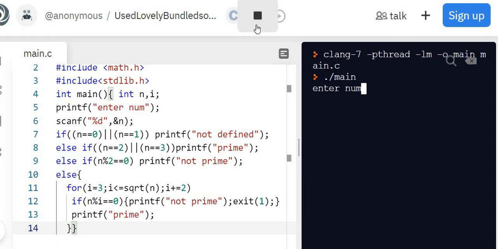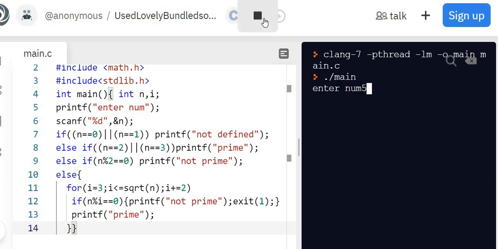So check all the cases. So 1, not defined. Check suppose 3, prime. Check suppose 10, not prime. Correct. Check suppose 31, prime. Very good. 50, not prime. Suppose 67, prime. Take any big number.